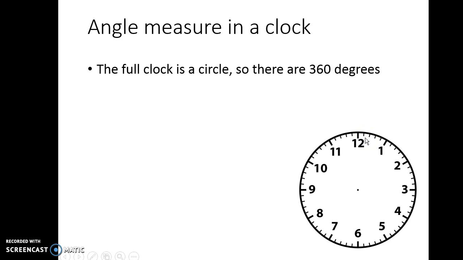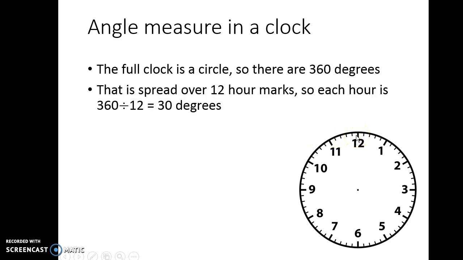Of those 360 degrees, there's some subdivisions. This is how thinking about a clock is going to help us break down degrees into smaller chunks. Because you know that of this 360 degrees, there are 12 big divisions for each of the hours, or if you're thinking about minute hands, for every 5 minutes.